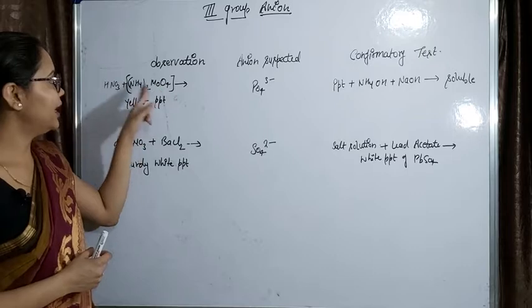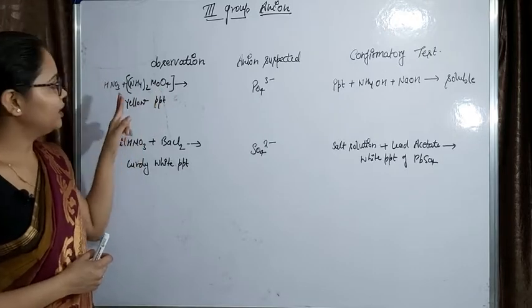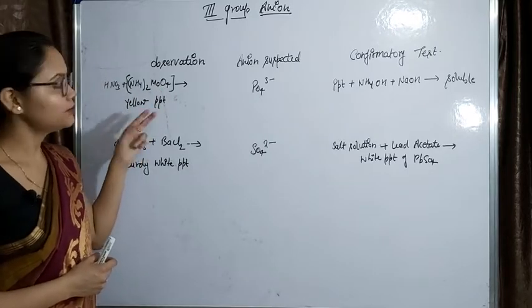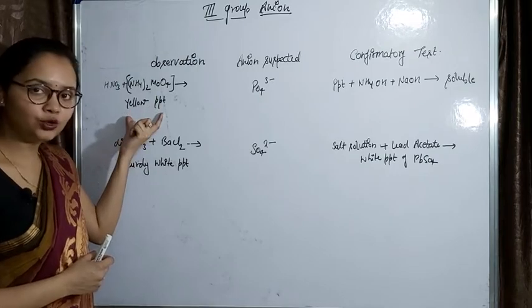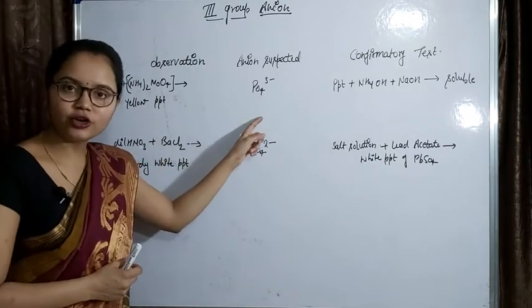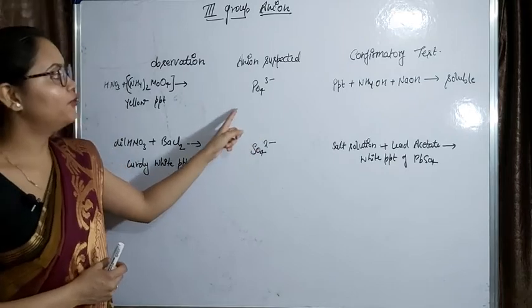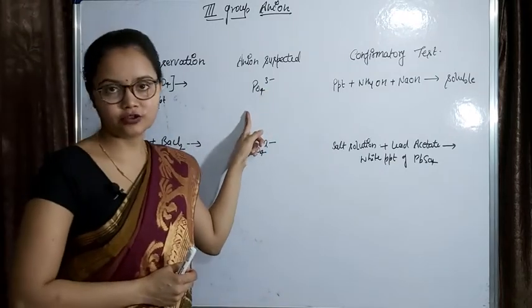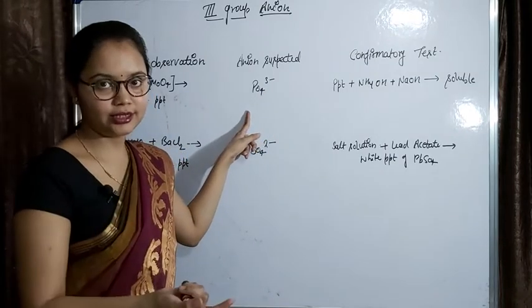If after adding both these chemicals we get a yellow PPT, the formation of this yellow PPT shows the presence of phosphate ion. And for the confirmation of this phosphate ion we have to do another test also.